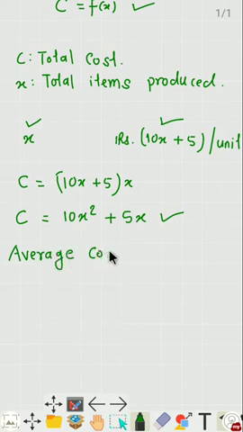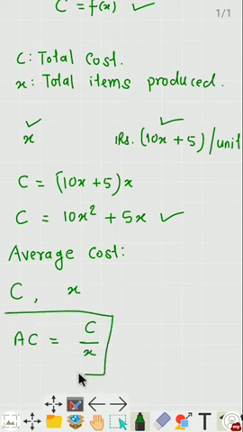If C is the total cost and x is the total number of items produced, then the average cost AC is given by this formula, C upon x. So this gives the average cost of each item.